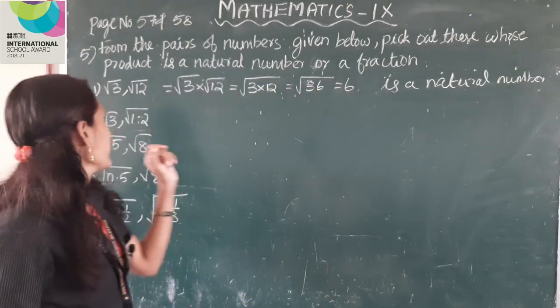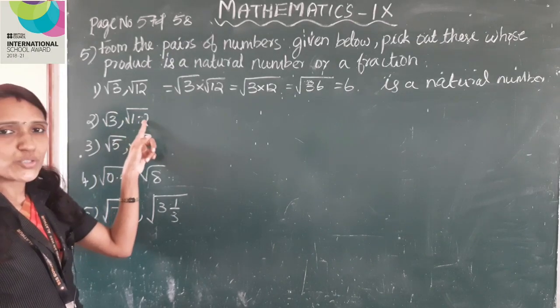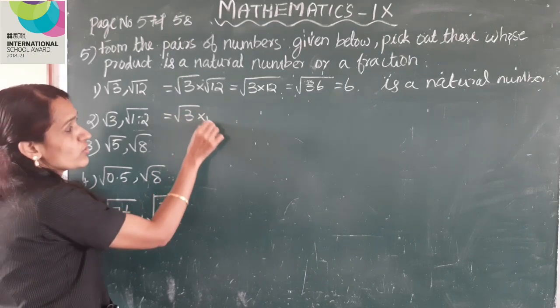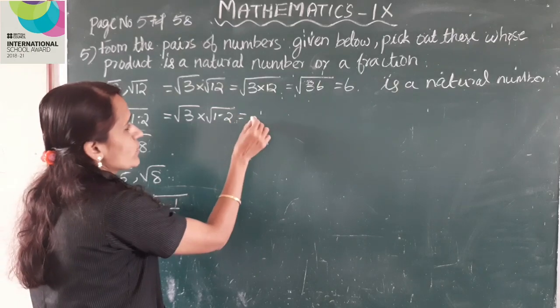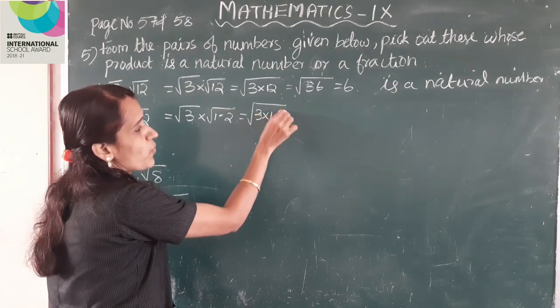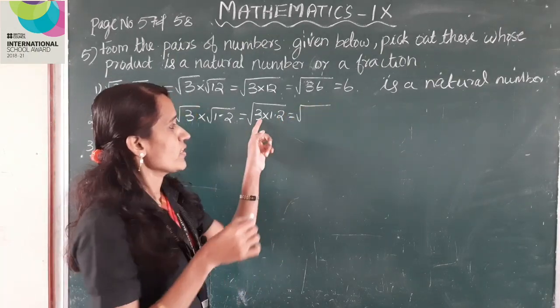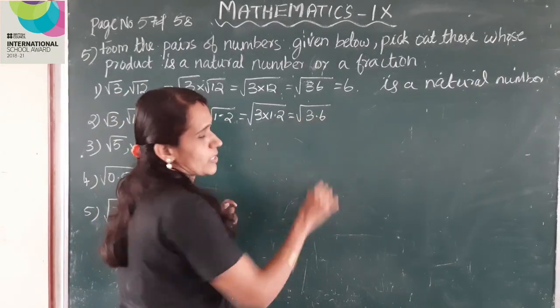Clear? Next, root 3, root 1.2. This is root 3 into root 1.2, which is root of 3 into 1.2, which is root 3.6.